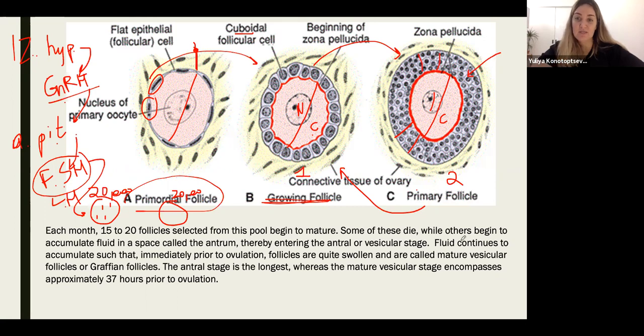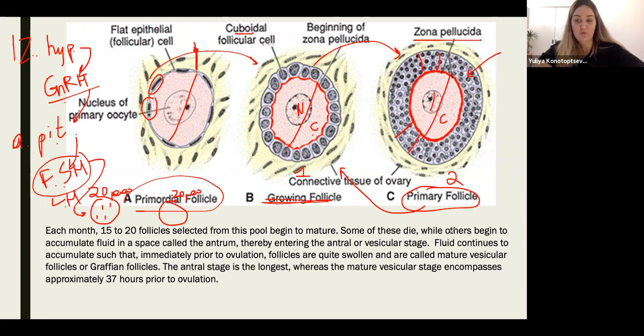Granulosa cells appear at the primary follicle stage. Granulosa cells have a very important job. They secrete a glycoprotein, and this glycoprotein coats the primary oocyte. This glycoprotein is called zona pellucida.